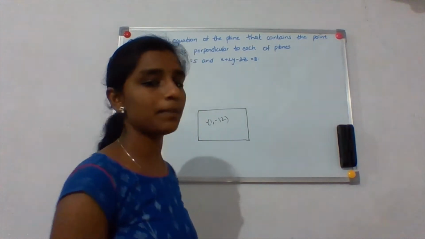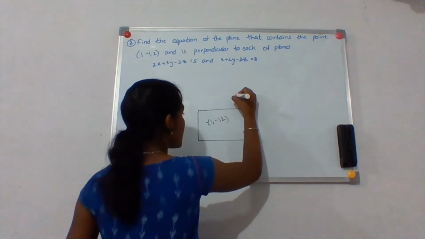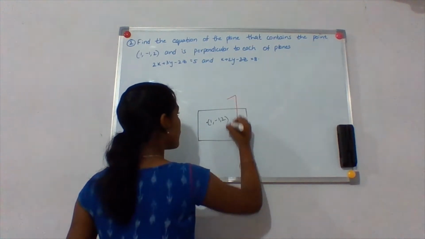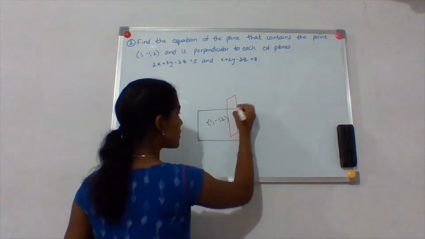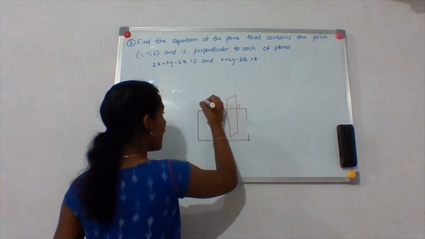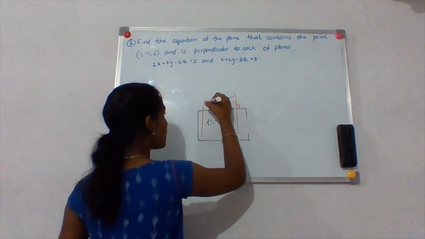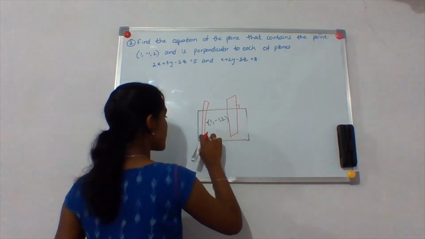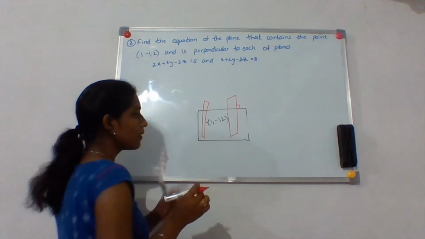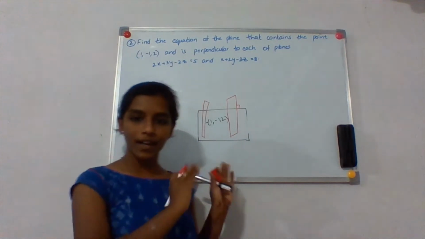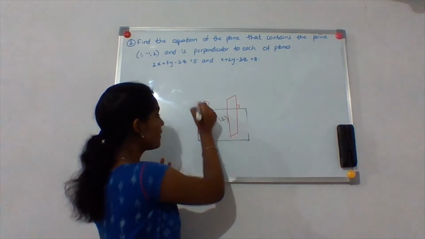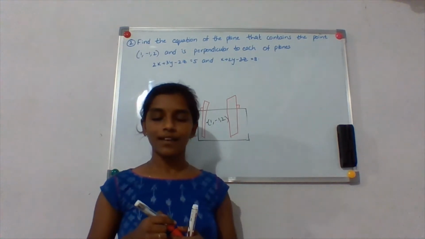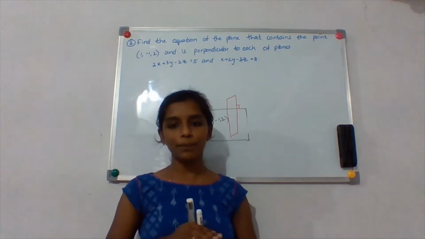Let us think that this is a perpendicular plane passing through this plane, and there is another perpendicular plane passing through this required plane. So there are two perpendicular planes over here. This is the only question that is given to us. Now we have to find the equation of the plane.